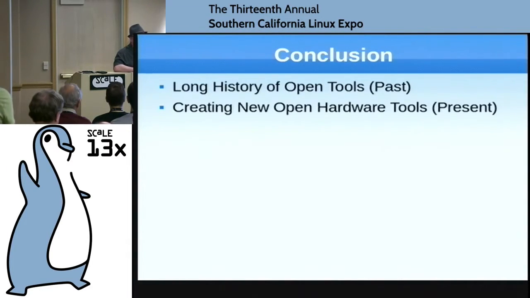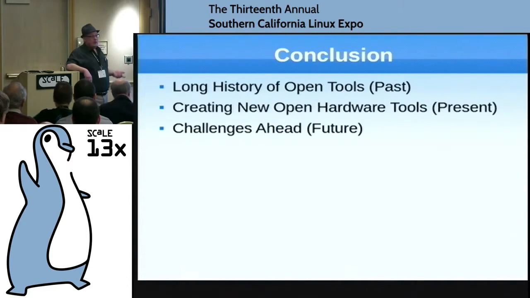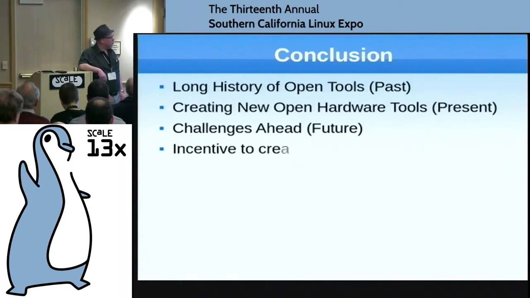We found that the maker community has been absolutely fantastic in creating their own solutions, and there's a lot of resources for people to create their own solutions in their garage to do whatever they need to do. And lastly, we've seen that there's a lot of roadblocks and challenges in the future for us in order to continue this development cycle. And it's very important that everyone is active in working towards resolving some of these issues.